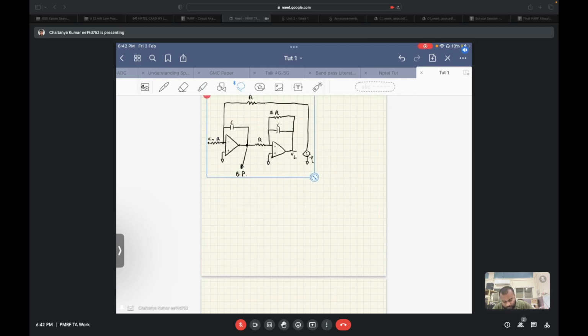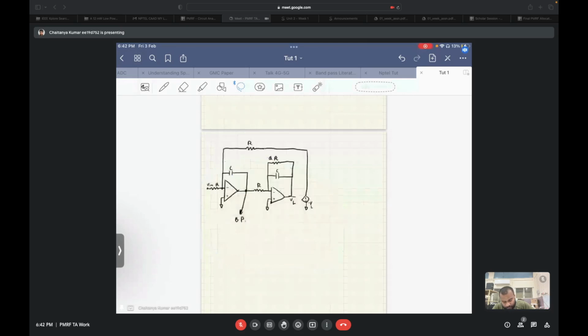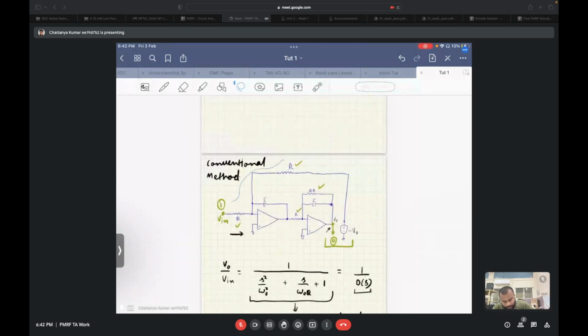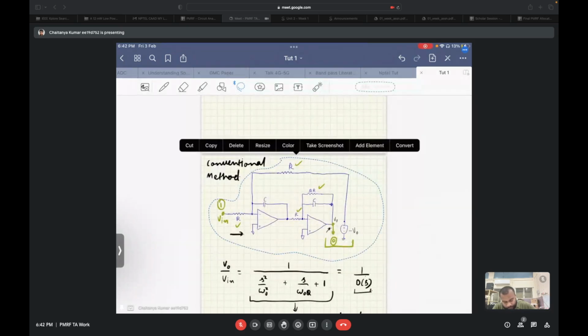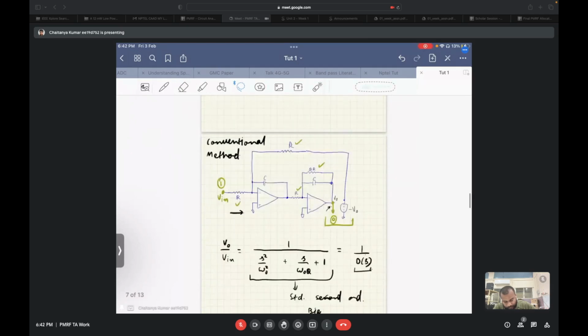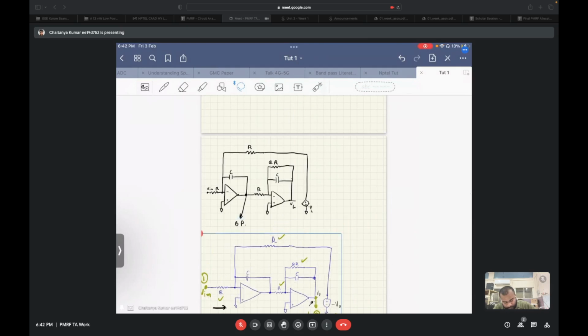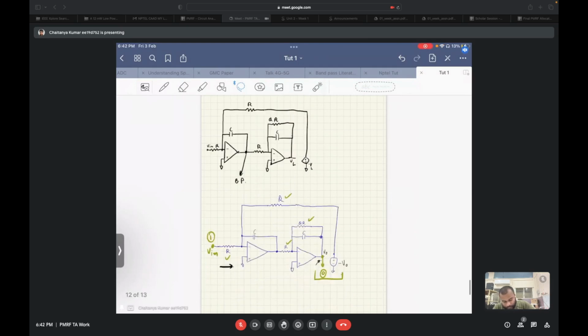So this is one structure, and the structure that we discussed previously, let's copy it over there. This is the second structure.